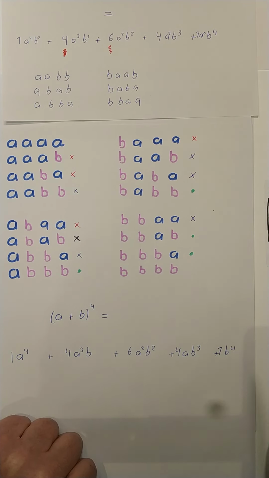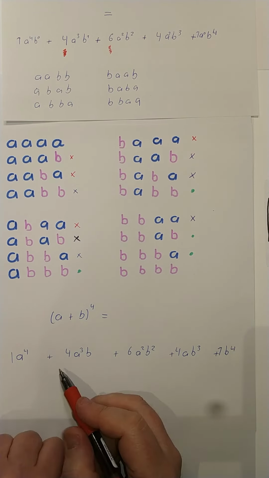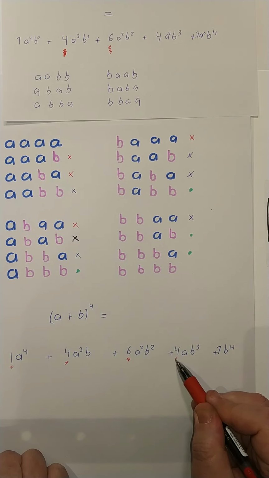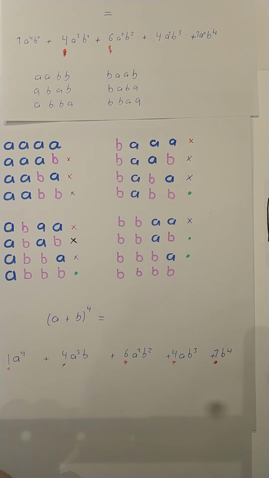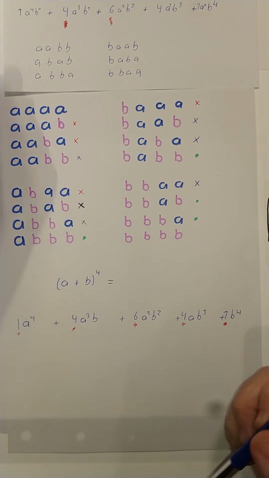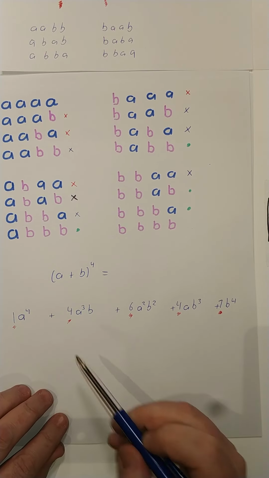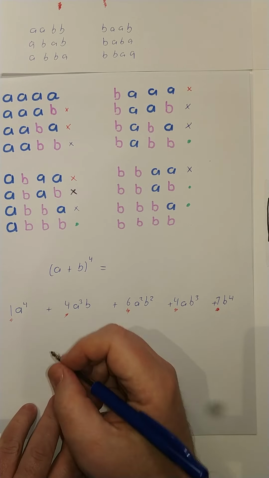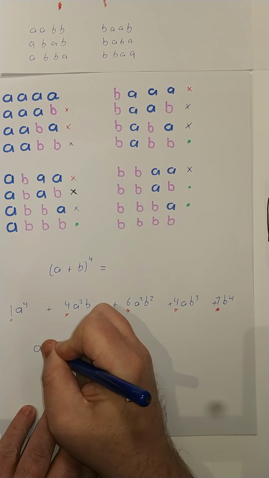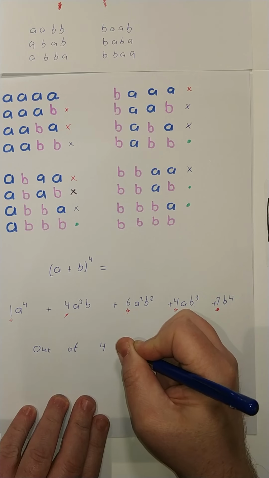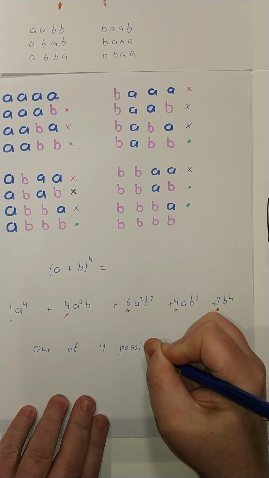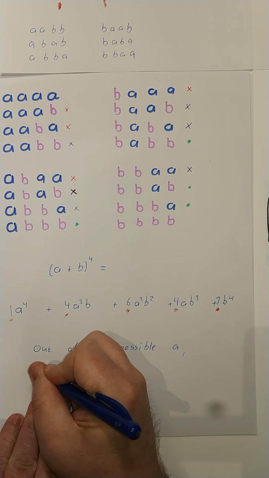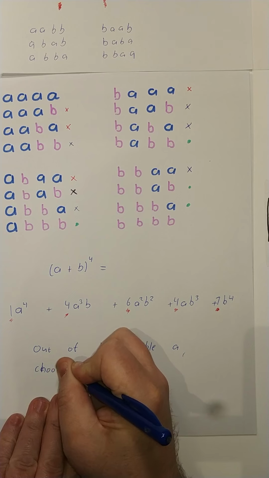And really, this pattern will always happen, and it really comes down to how you can figure out these coefficients. As we saw, if we look at this coefficient, it's a question of this: out of 4 possible a's, in how many ways can you choose 2 of them?